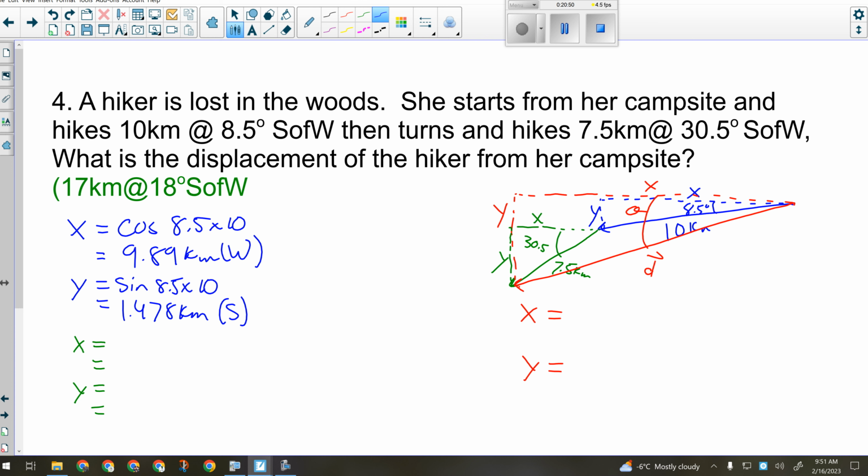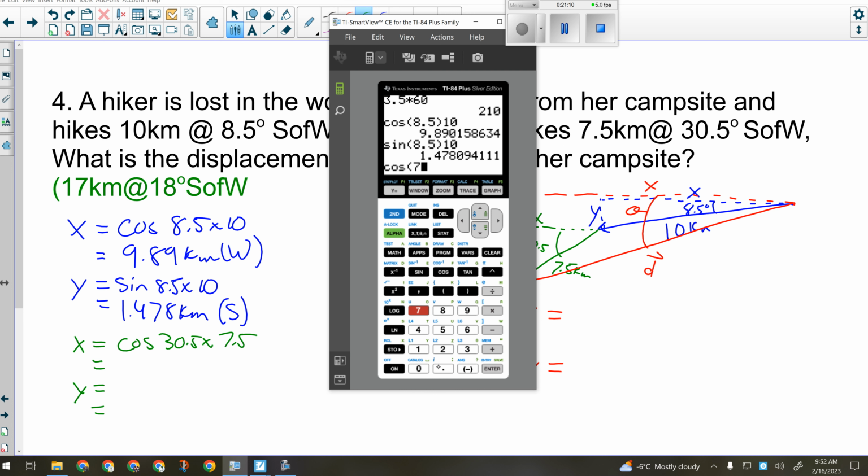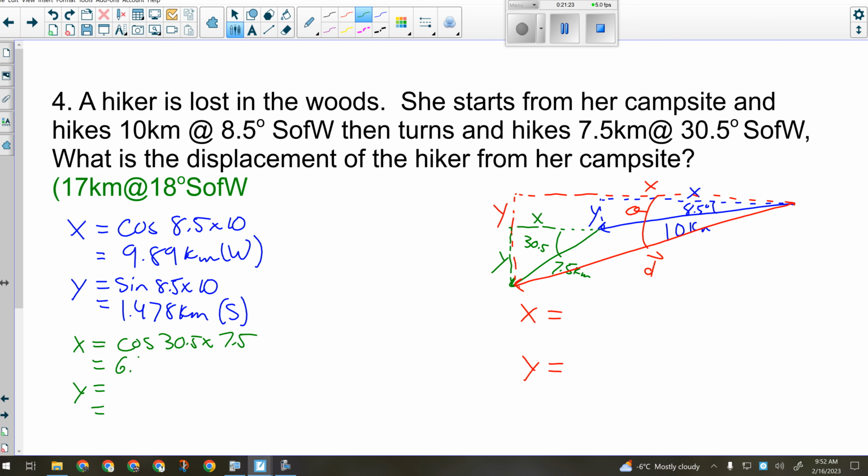Then we got to do the green triangle. Okay, so for the green triangle, because they're both drawn kind of the same way, x is again the adjacent side to that 30.5 degree angle. So I'll go cos of 30.5 times now the hypotenuse being 7.5. Whoops, 30.5 now. Okay, so we're looking at that side being 6.462 kilometers west.